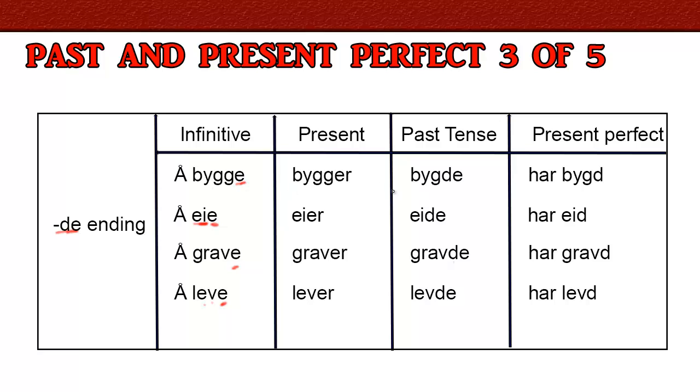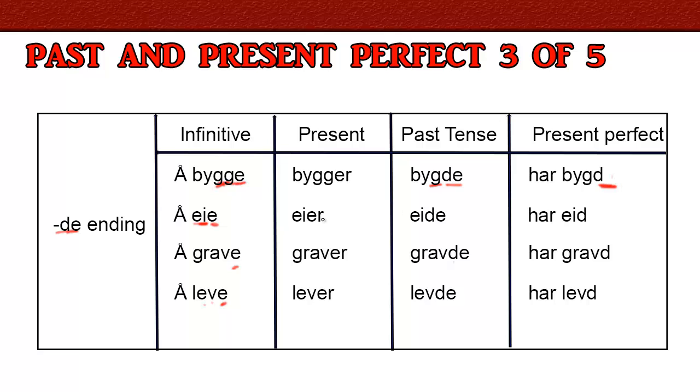Å bygge, bygger, bygde. As you remember with begynte, if there's a double consonant at the end, very often one of them will be removed in the past tense. Bygge, bygger, bygde, har bygd.